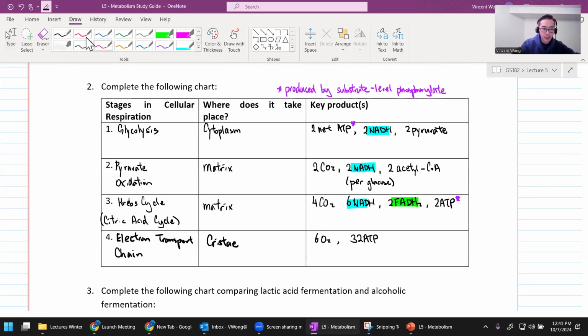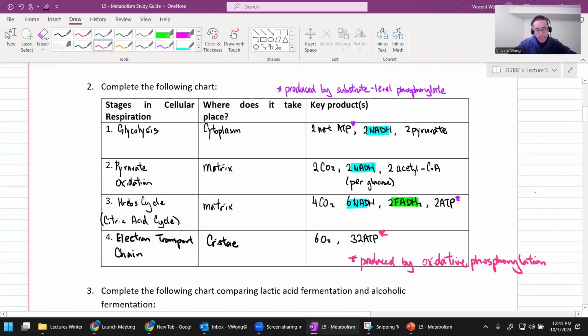And just to wrap this up, these ATPs are produced by the second method. We wrote it down last time. It's called oxidative phosphorylation. I did not explain to you what it actually is.